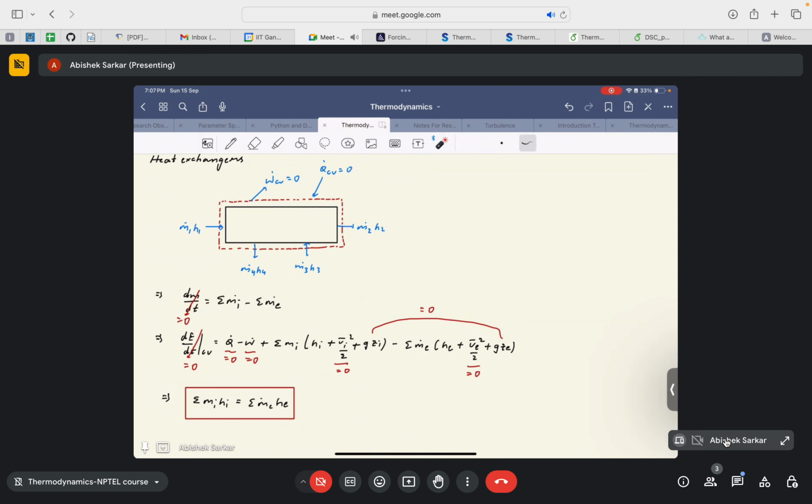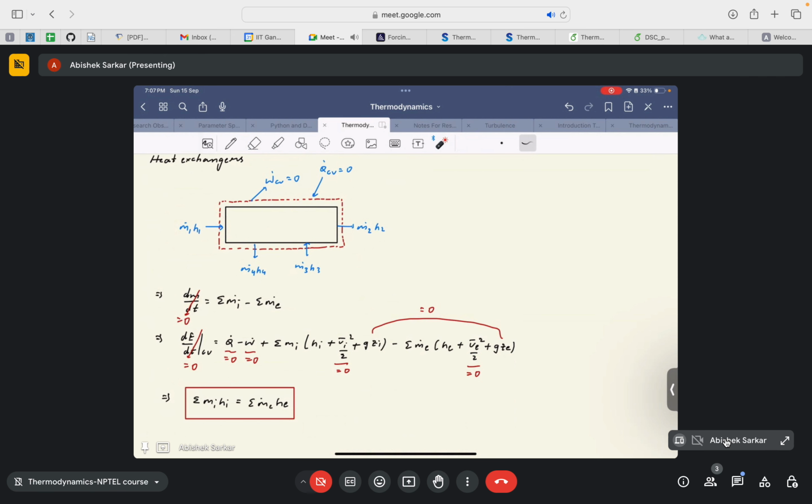Okay, so what basically happens in the case of heat exchangers is that we input a certain stream of fluid that has a certain temperature, say hot or cold. Then we input another stream of fluid that has an opposite range of temperatures.